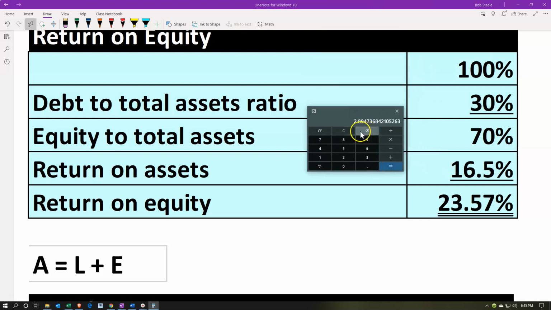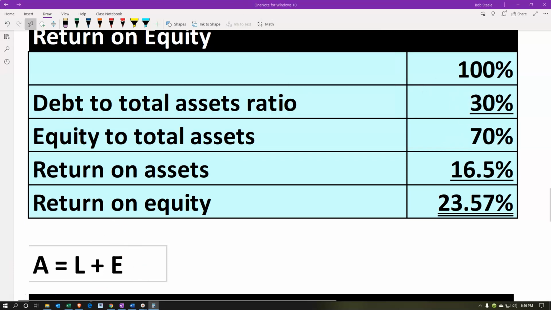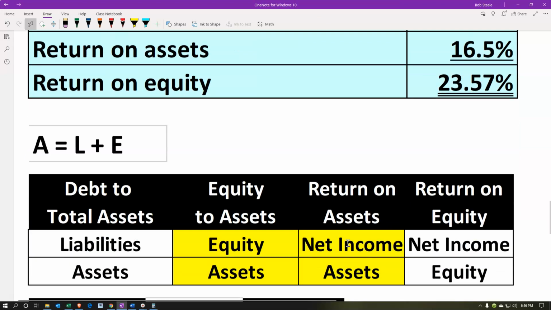Let's do it with the calculator here, making them into a decimal, 0.165 divided by 0.7. Then if we move the decimal over 2 places, we get about 23.57. So that gives us our return on equity with that relationship.